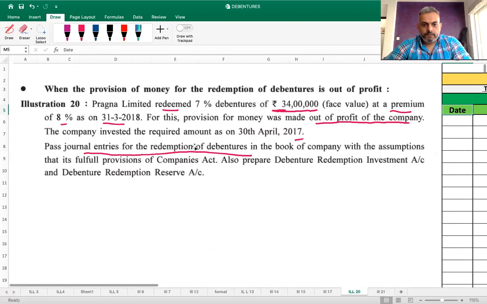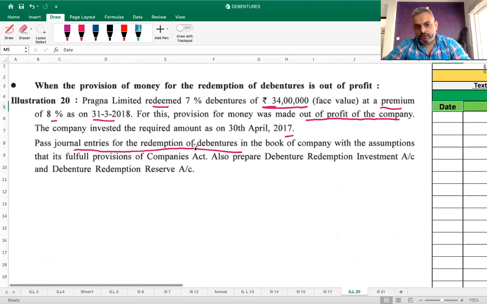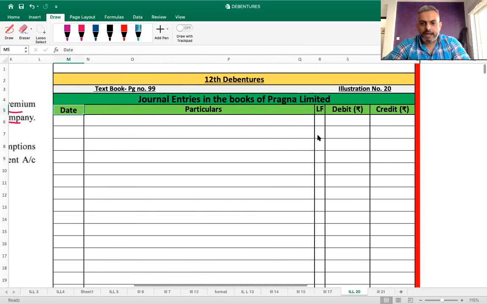Now, the first entry for redemption: you have to invest 15% of the face value of the debentures to be redeemed before 30th April of the year in which the redemption is going to take place.